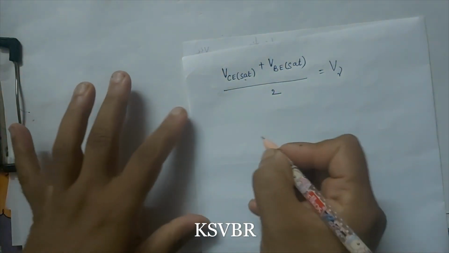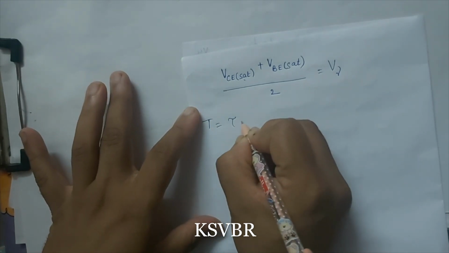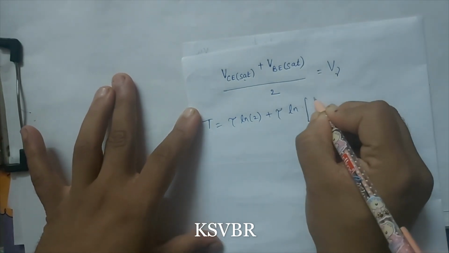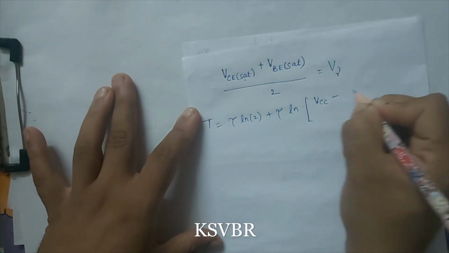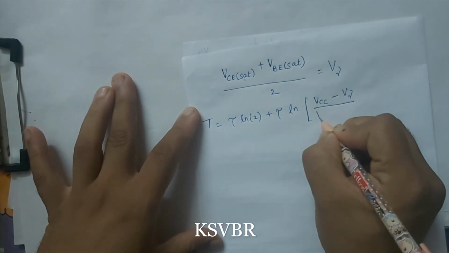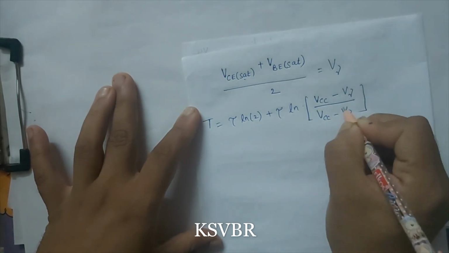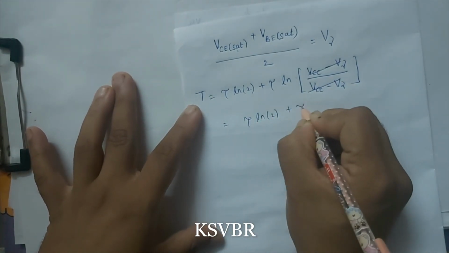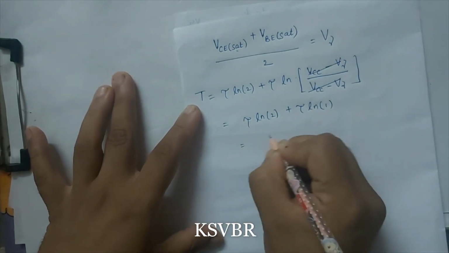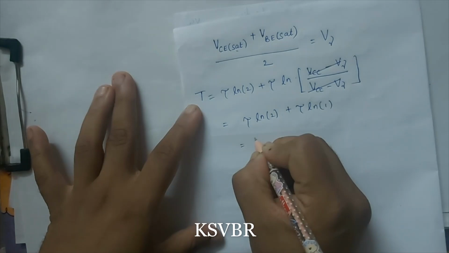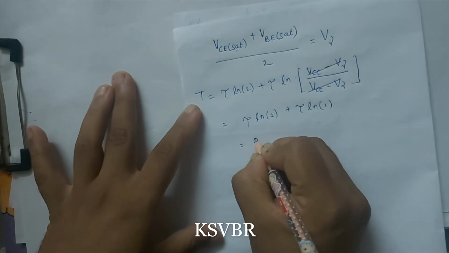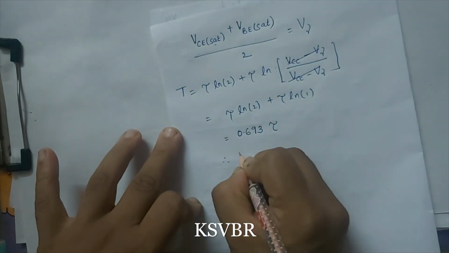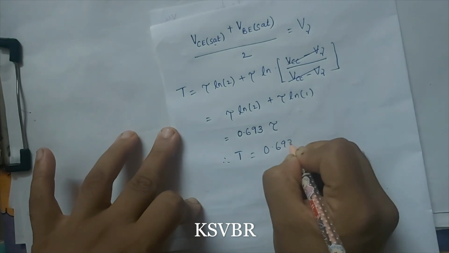Okay. So now substitute: capital T is equal to tau ln of 2 plus tau ln of VCC minus V gamma by VCC minus V gamma, which will get cancelled. Tau ln of 2 plus tau ln of 1. Okay, the value will be 0.693 into tau. So pulse width capital T is equal to 0.693 into tau.